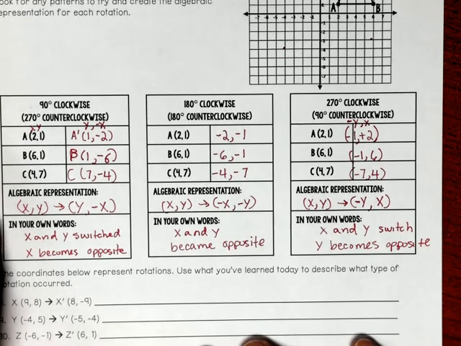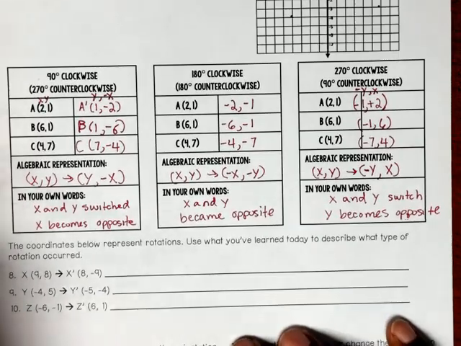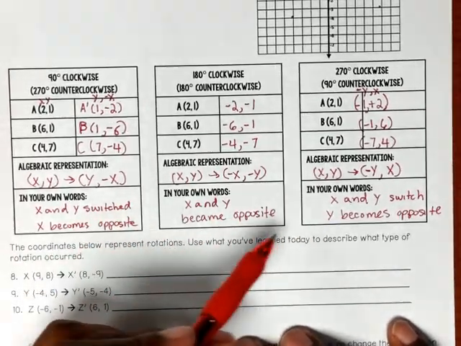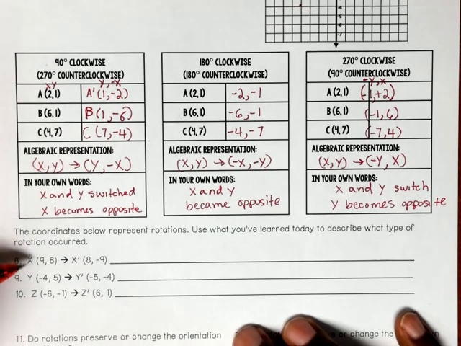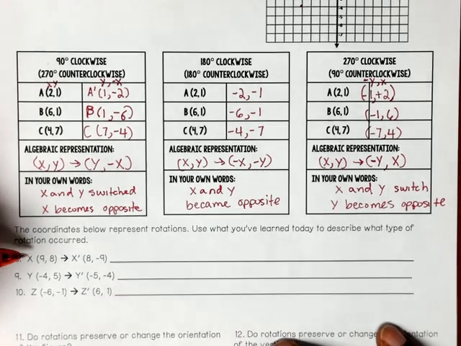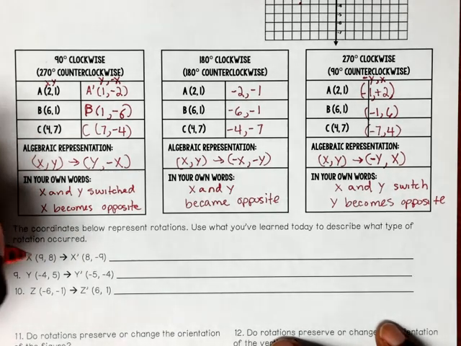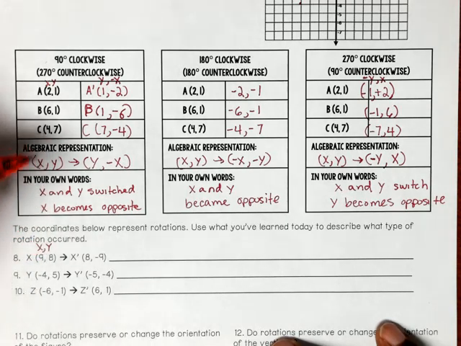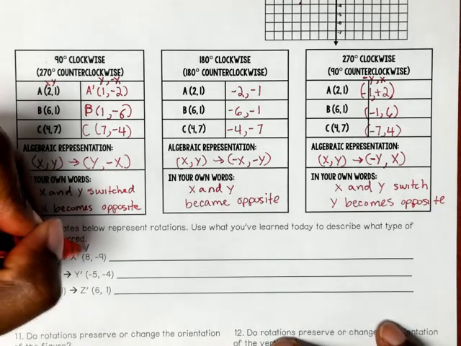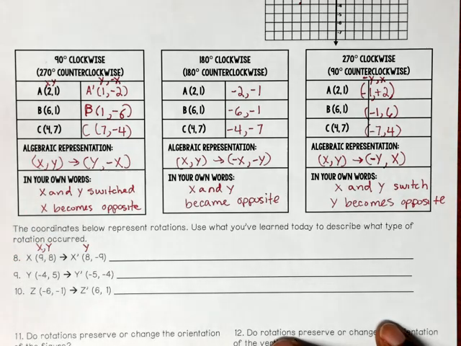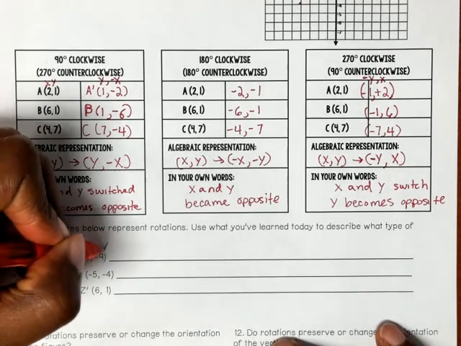Okay? So now we're going to use these rules up here, these in your own words, to figure out what happens with 8 through 10. So we have X, which says 9, comma 8, and that becomes 8, comma -9. Well, what happened? This is X, comma Y. X and Y switch places, so Y is here, and this 9 went from positive to negative, so that is a -X.